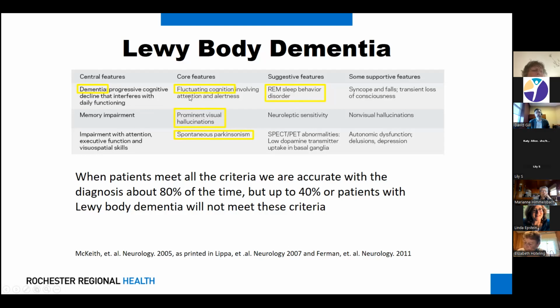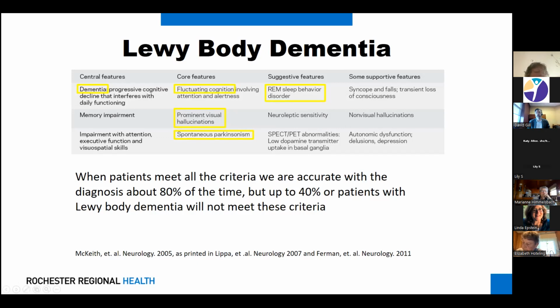And that's where somebody throughout the day has these times where it seems like the person's just not with it at all. They close their eyes and stare up into space. Those are all very suggestive features of Lewy body dementia, which is different from Alzheimer's disease. If somebody has all of these features, we can be very certain that they have Lewy body dementia, over 80% certain actually.